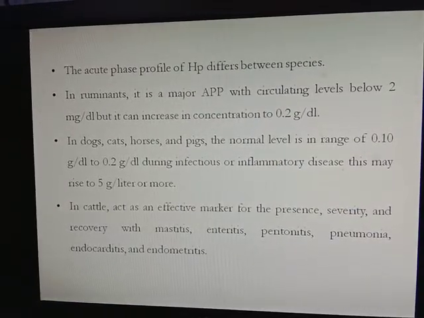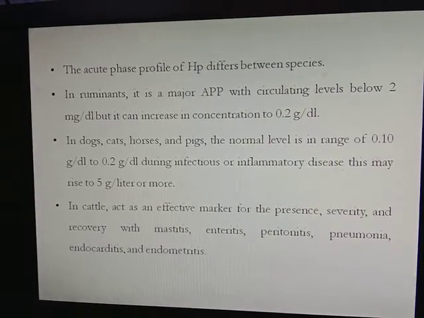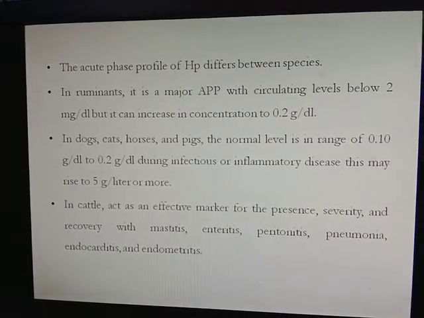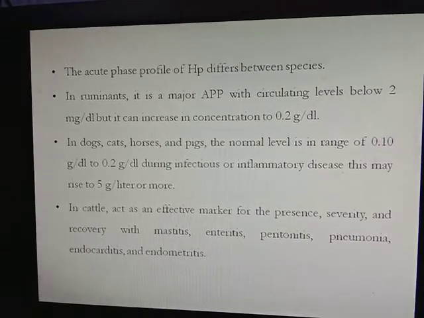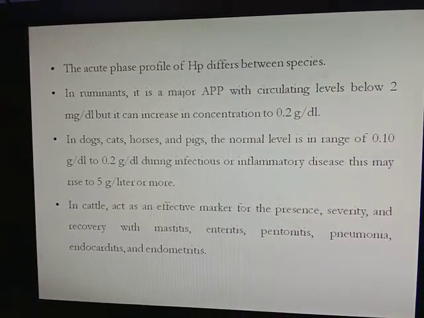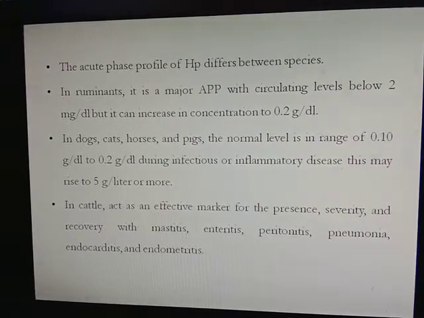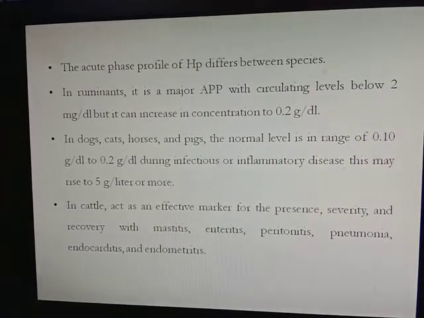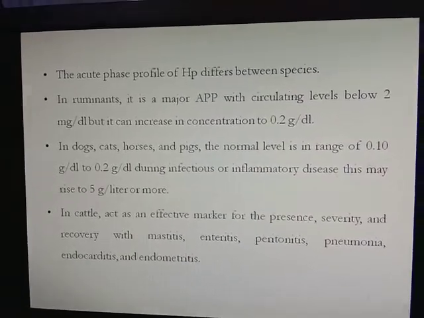In dog, cat, horse and pig, the normal level is in the range of 0.1 to 0.2 gram per liter, but during infectious or inflammatory diseases this may rise to 5 gram per liter or more. In cattle, it acts as an effective marker for the presence, severity and recovery of mastitis, enteritis, peritonitis, pneumonia, endocarditis and endometritis.